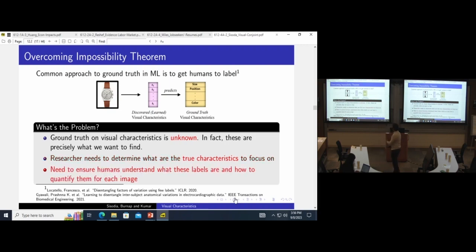And the third problem is that even if we know some visual characteristics, we would need humans to label these characteristics. There needs to be some agreement. We do not know whether they would understand that. For a watch, a dial color or a strap color might be very easily understandable. But in the case of a product like a car, we find some characteristics which are probably not easily quantifiable by humans.